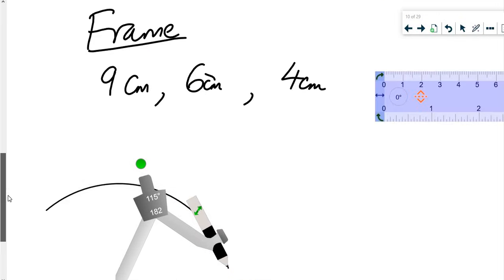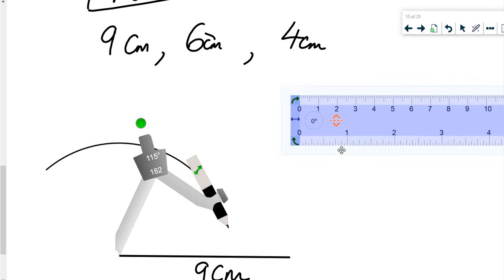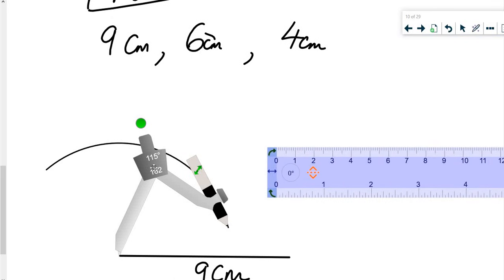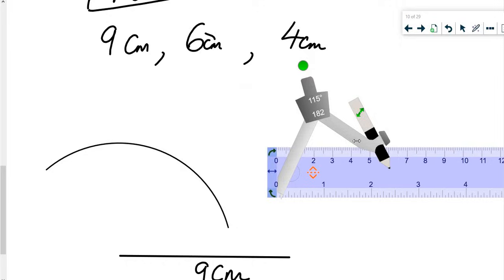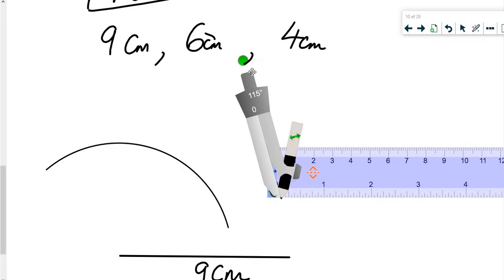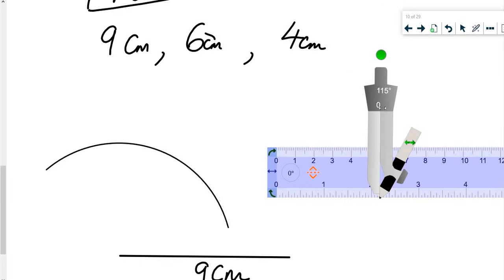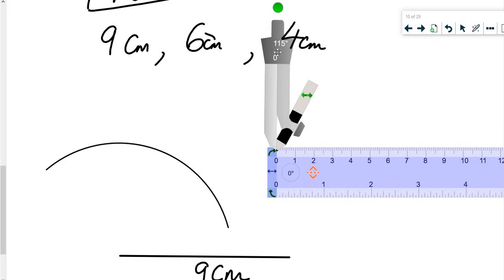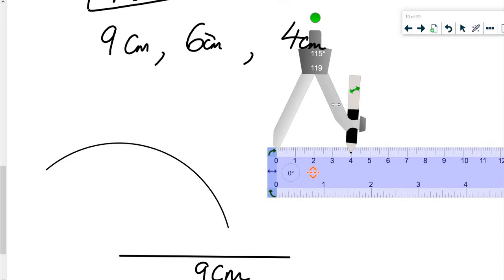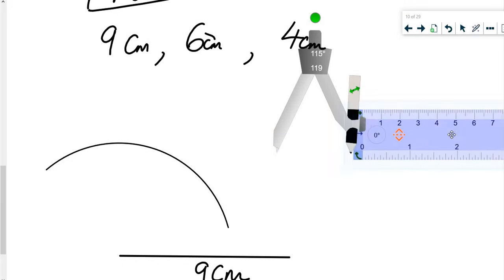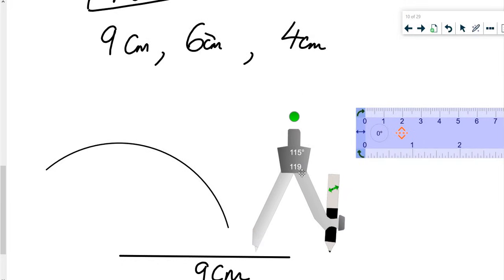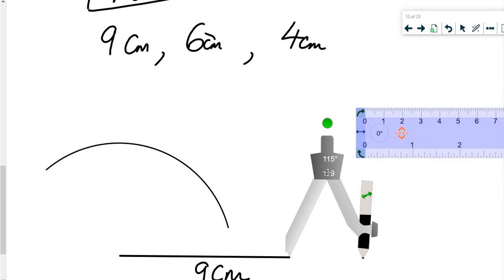Then take your scale again. This time we're going to measure 4 centimeters. So close your compass. Then we need to open the compass to a radius of 4 centimeters. This time we'll put the needle at this point.